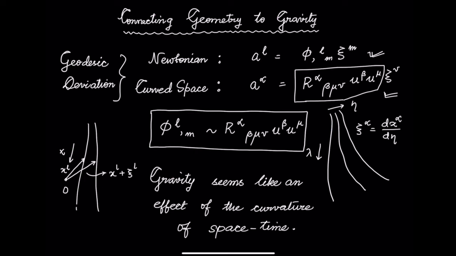That second rank tensor is what is supposed to give us the effect of gravity. It is clear from the geodesic deviation. You see, if phi Lm is 0, then of course I can go to a freely falling reference frame and the effect of gravity disappears. If phi Lm is not 0, that also means this second rank tensor, with the Riemann curvature tensor, is the thing that is making us feel the effect of gravity.